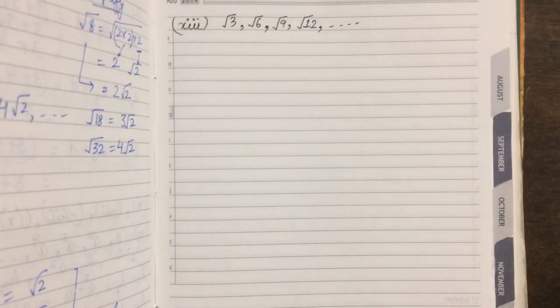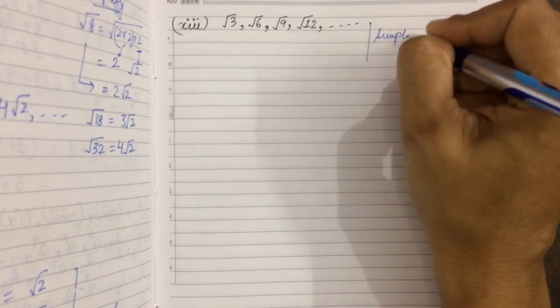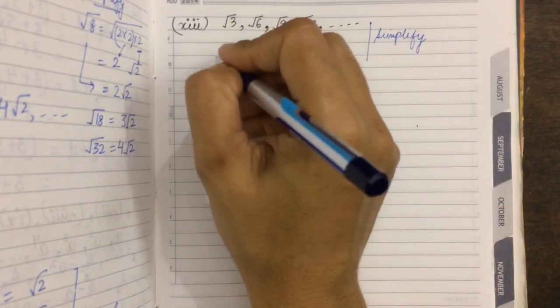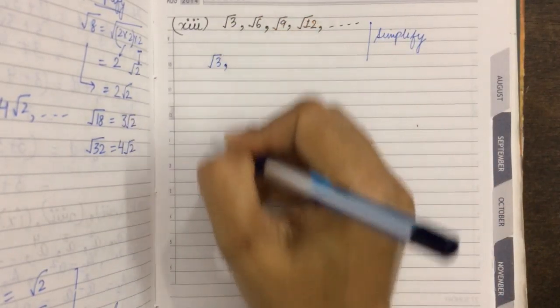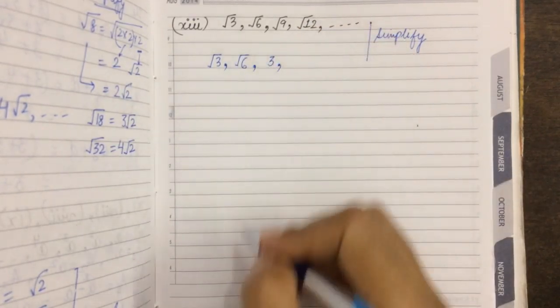Now this is the 13th part. It looks similar to the previous part. We have square root of 3, square root of 6, square root of 9, square root of 12, the first 4 terms. And before we check whether the sequence is an AP or not, I'm going to simplify. Simplifying the way I did in the previous part, I'll obtain my sequence.